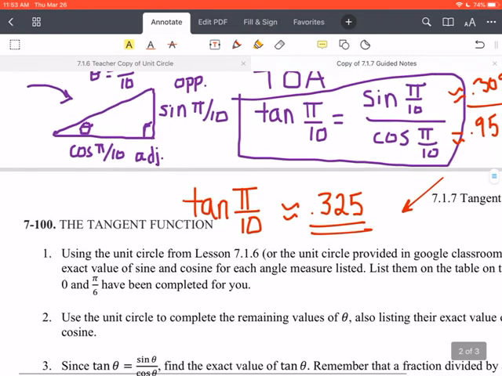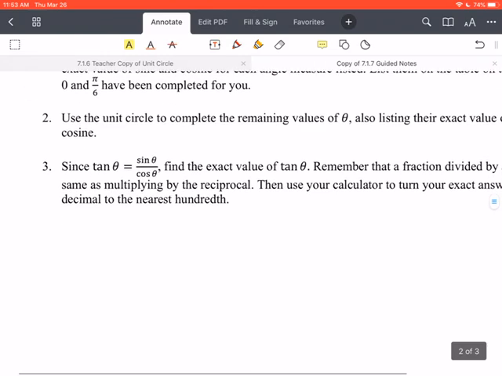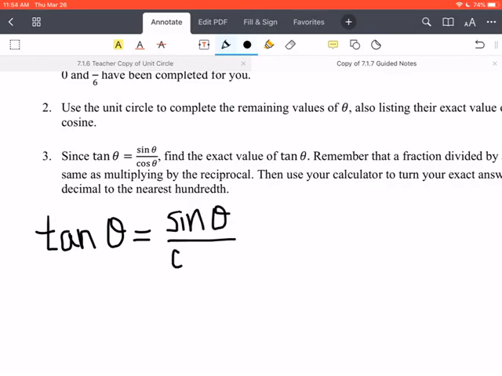But now we're going to look at this a little more straightforwardly, because we have just discovered, I'm going to write it down and then we'll address it in a few minutes after we prep our activity sheet, that the tangent of an angle is equivalent to whatever the sine of the angle is over the cosine of the angle.